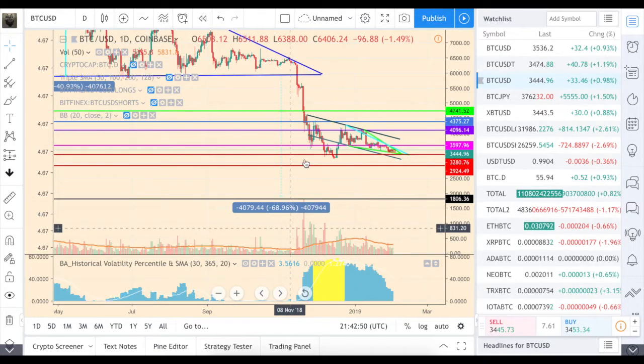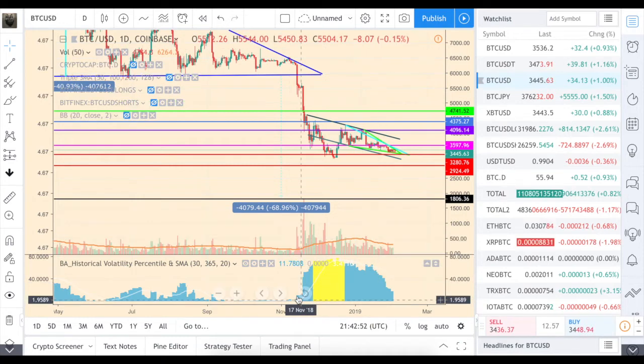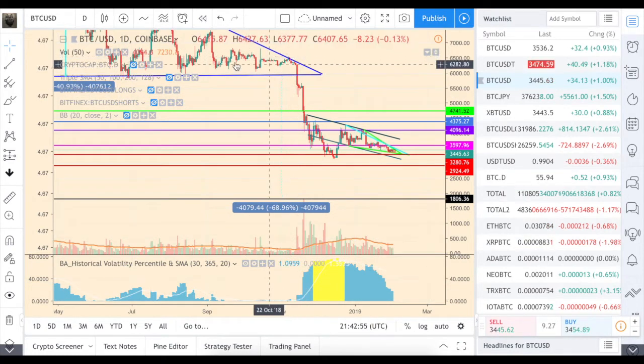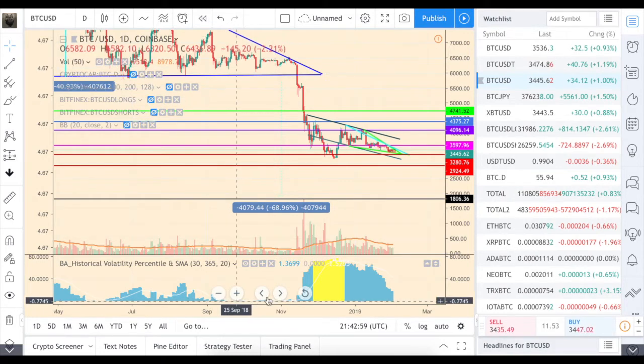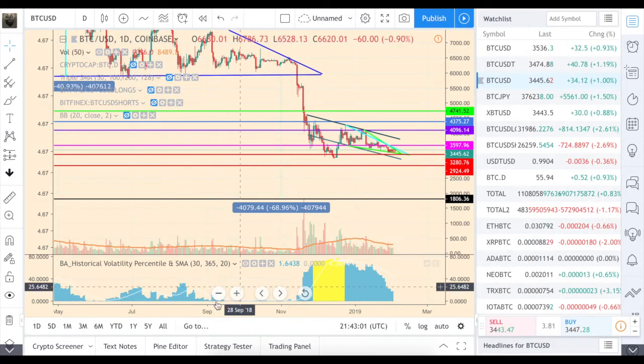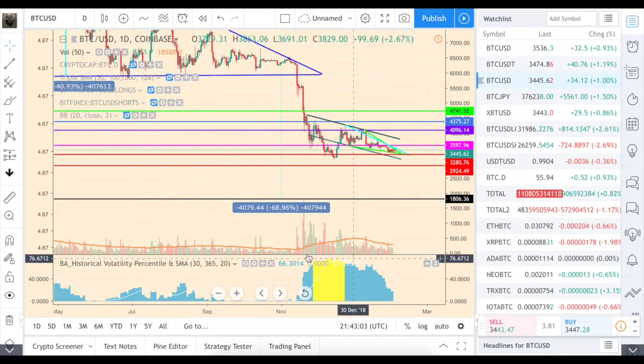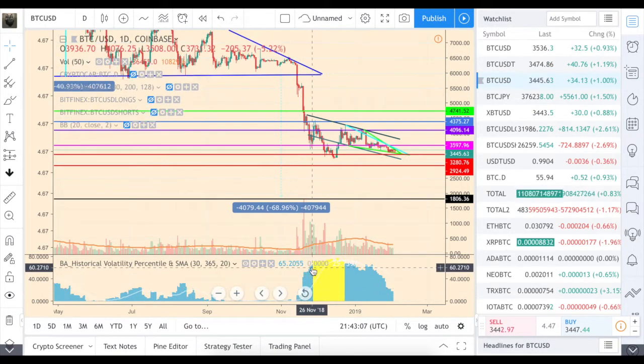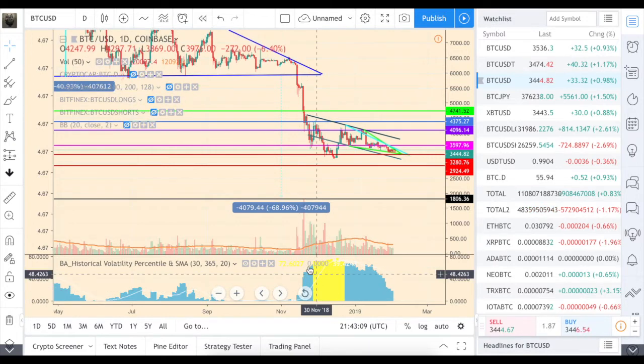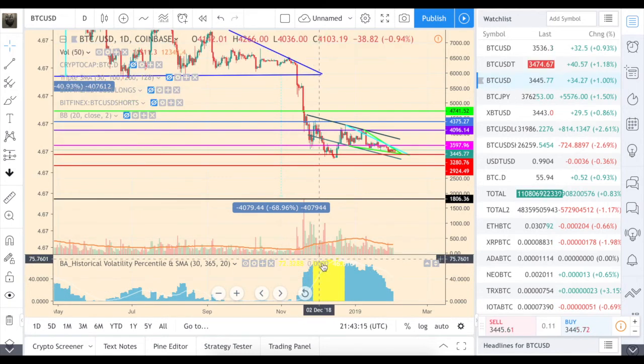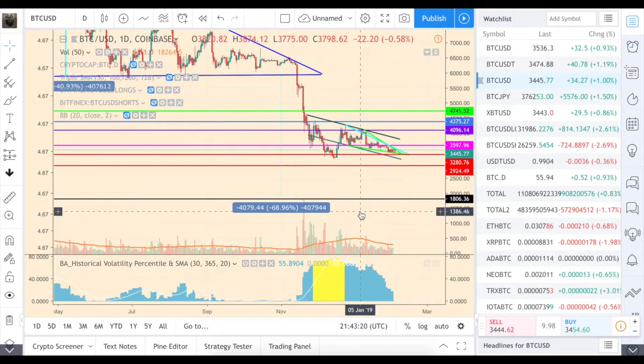And on the daily chart you can see here that, for example, there was a very low volatility here, which means that very few days before we had higher volatility. And after we dropped, of course, volatility increased. So it means that such a huge volatility didn't happen in most of the days in the previous year. So like 80% of the days in the year had lower volatility than now.